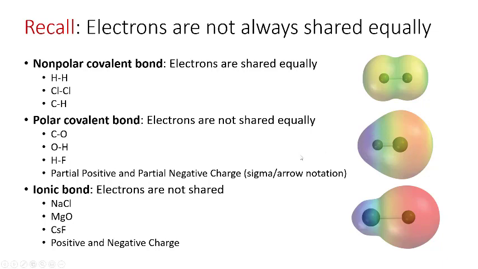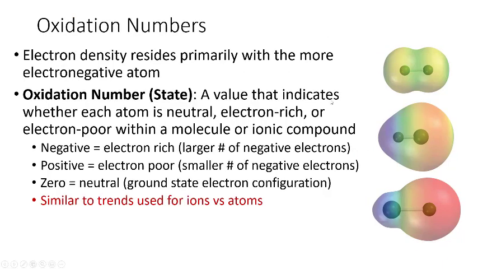So the way to predict whether a bond will be polar or nonpolar depends on the specific electronegativity of each of the involved atoms. Let's take this same idea of electronegativity, the tendency of a specific atom to attract electron density, and think about it in terms of oxidation and reduction.